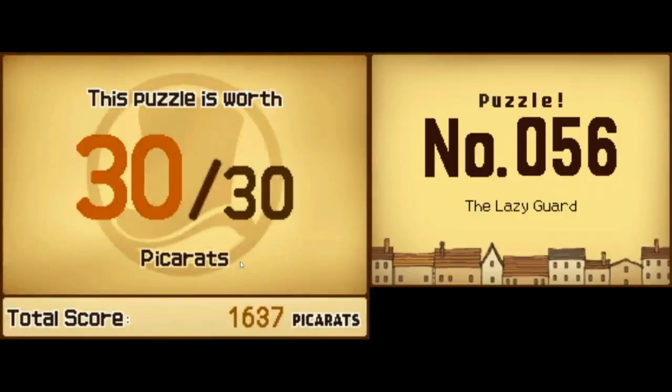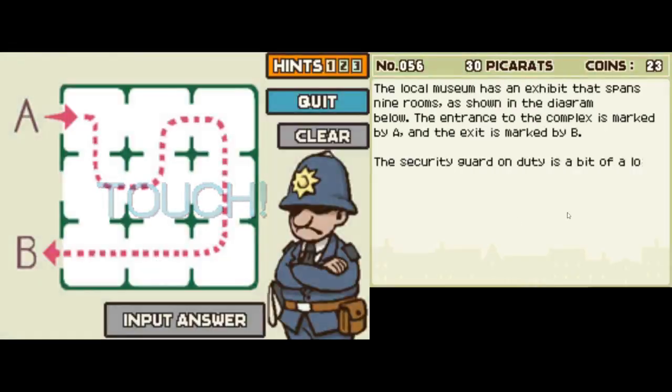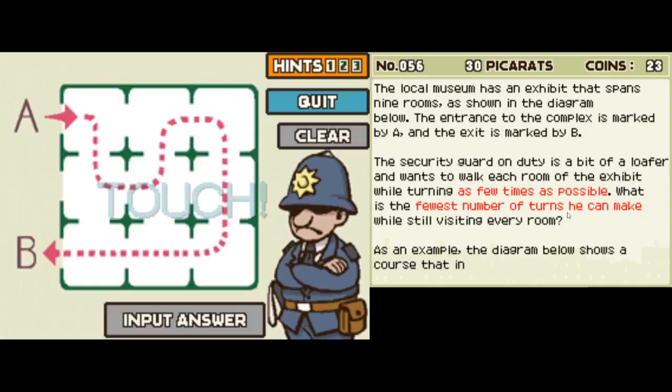Alright. Puzzle number 56. The Lazy Guard. The local museum has an exhibit that spans 9 rooms as shown in the diagram below.